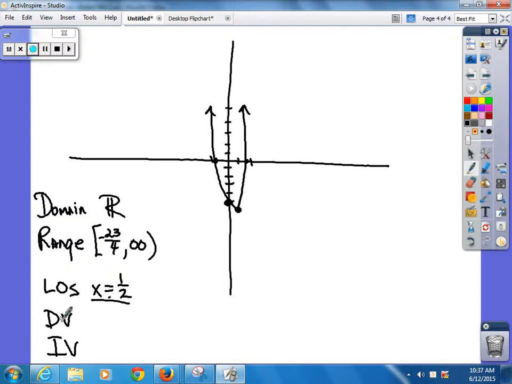So decreasing values, negative infinity to positive 1/2. And increasing values from 1/2 to what? That's all your information. Line of symmetry. You usually want to include that on your graph.